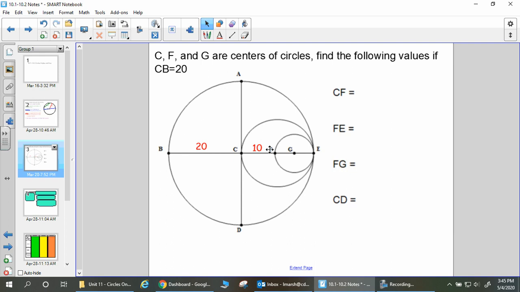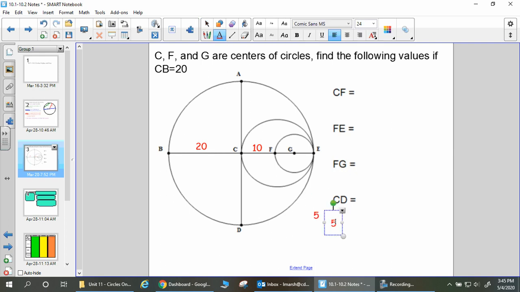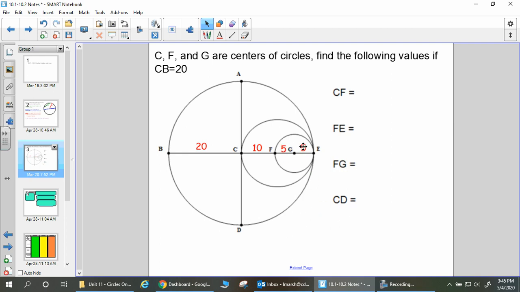Well, if this side is 10, so is the right side. And that means that that 10 again is being split into those two equal pieces. And so if I put those on my picture, now I have a whole bunch of segments that are labeled. And so that can help me answer the questions they've asked.